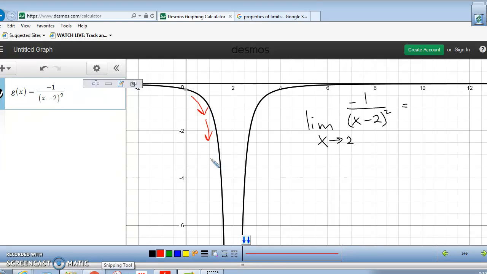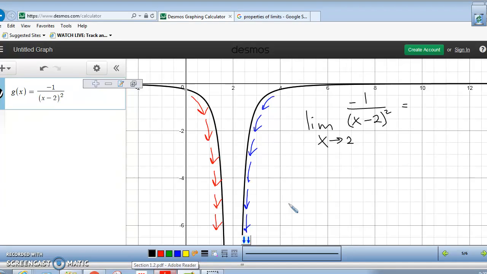Well, now this graph, g of x, is decreasing without bound, and it's from both directions, from the negative and the positive side.